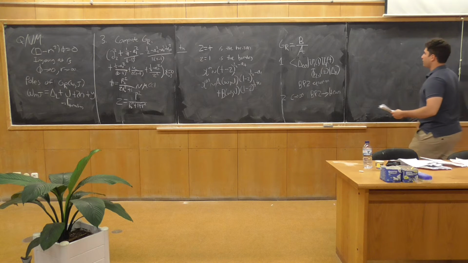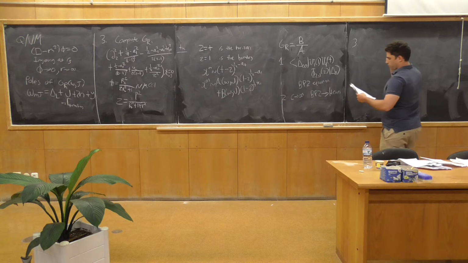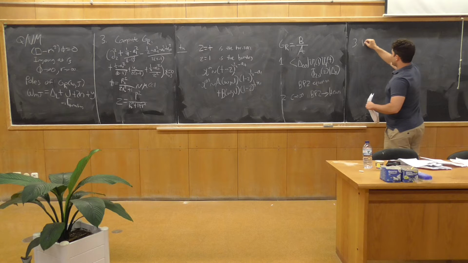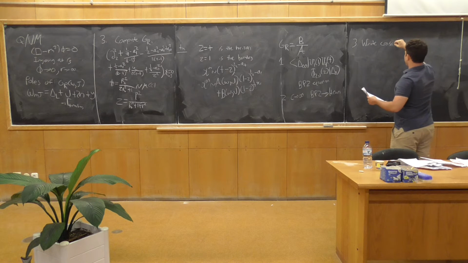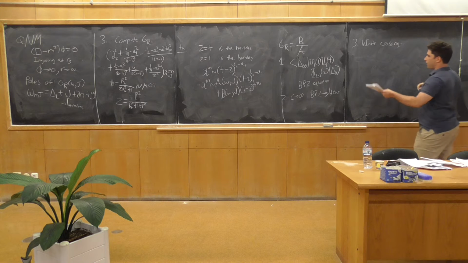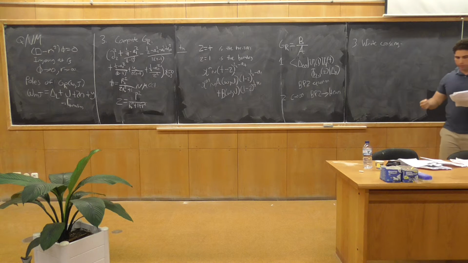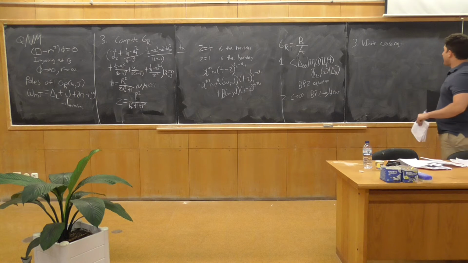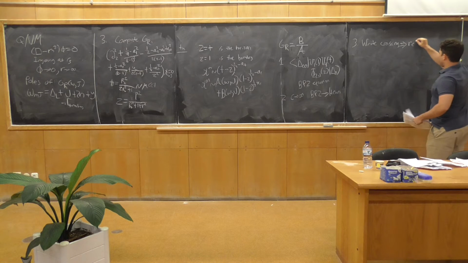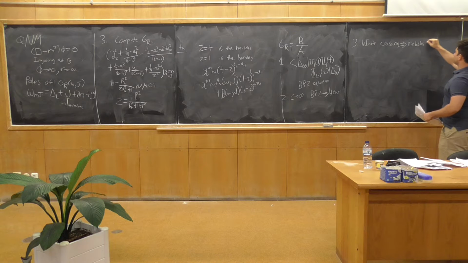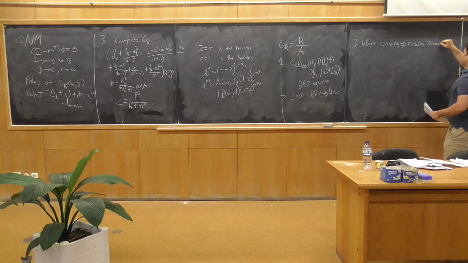Excellent. Step 3. Write the crossing equation for this 5-point function in a couple of different channels. And what this does is it gives relations between Virasoro blocks in different channels.